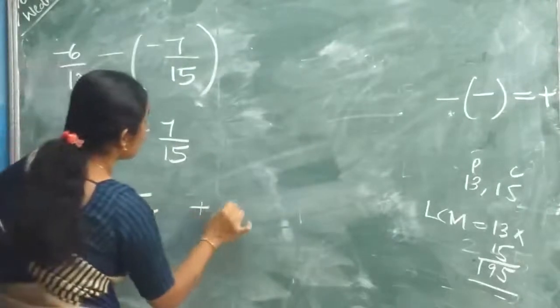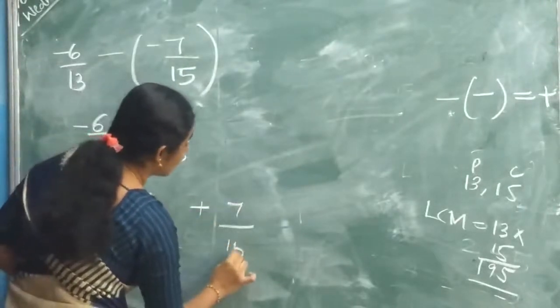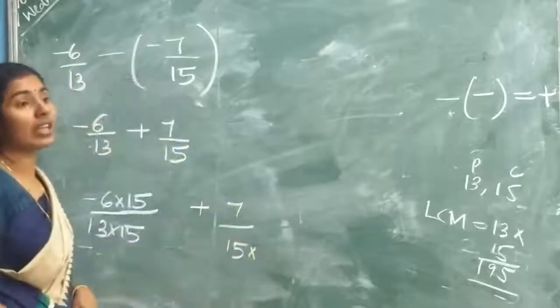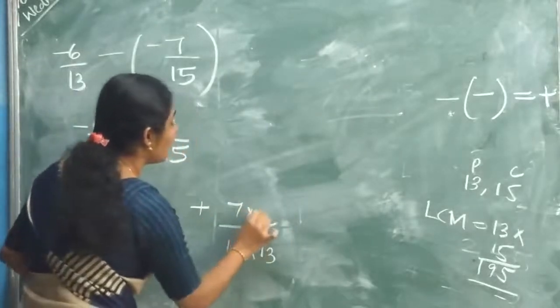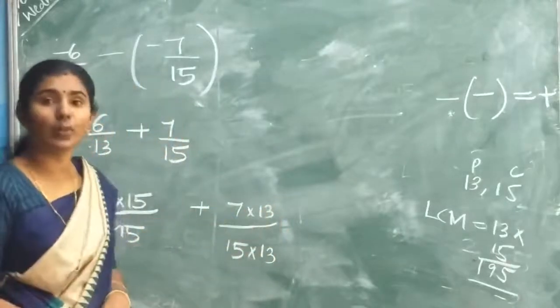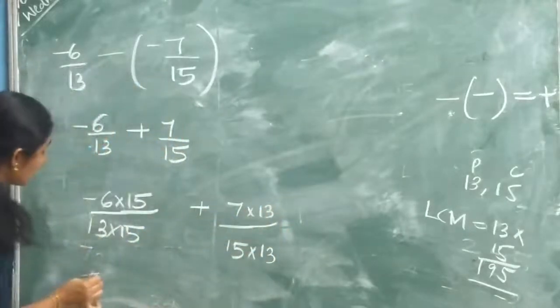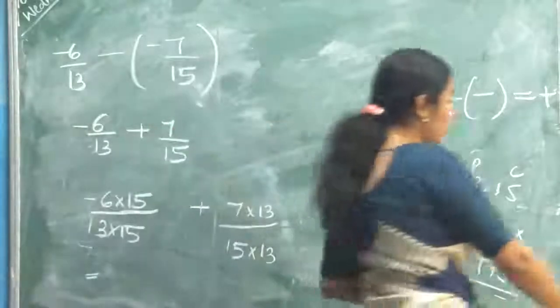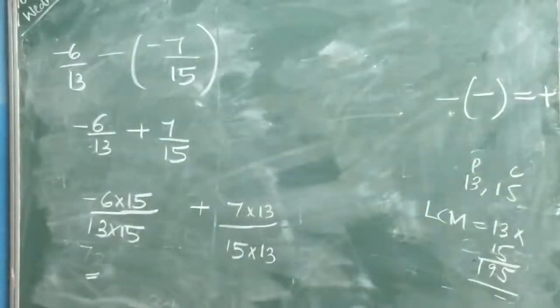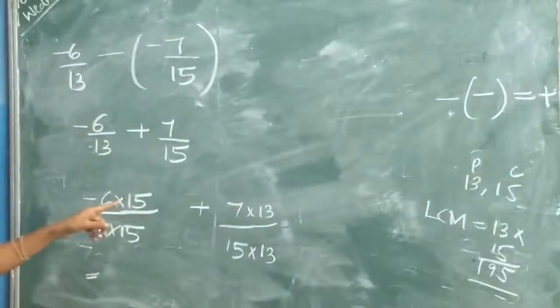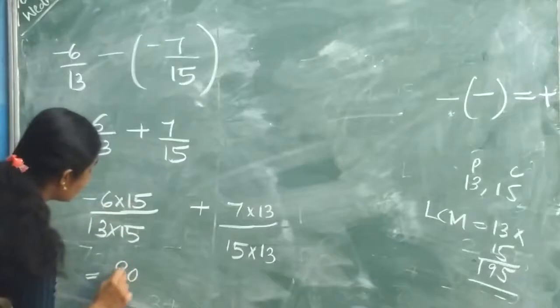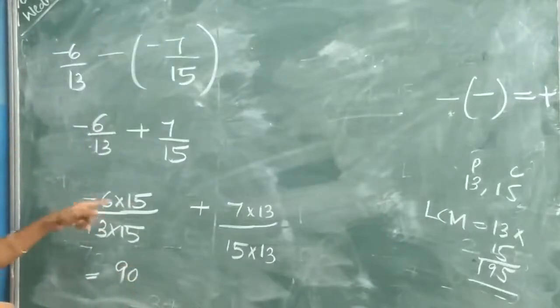See the next rational number, 7 divided by 15. How to make it 195? Multiply it by 13. The same number multiply on the numerator. So what will you get? Minus 6 when you multiply by 15, what will you get? 15 multiplied by 6, what is that? 90. And which sign should you give?